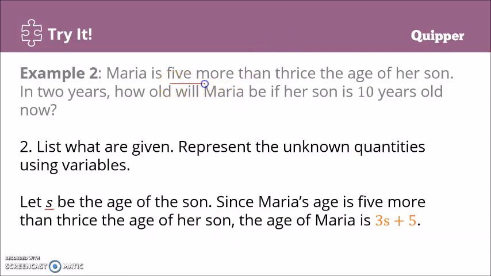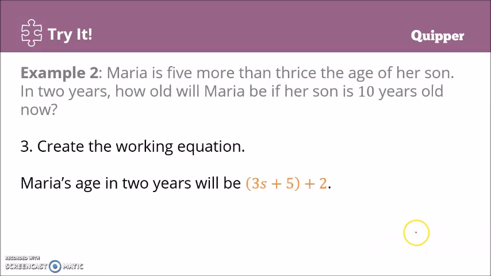Kasi 5 more than. Take note of the word than. So, mauna yung thrice the age of her son. So, thrice the age meaning 3 times S. So, we have 3S. 5 more than that. So, plus 5. So, Maria's age is 3S plus 5. Okay? So, the son's age is S. Maria's age is 3S plus 5.